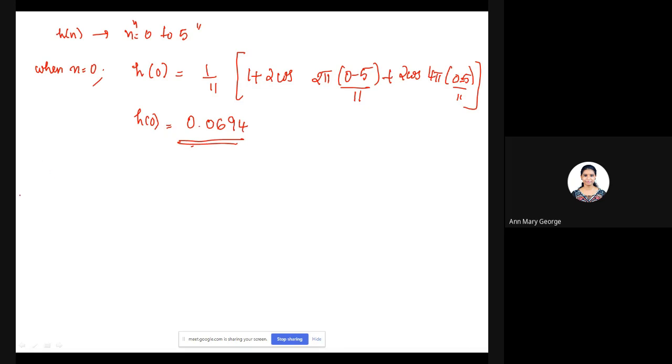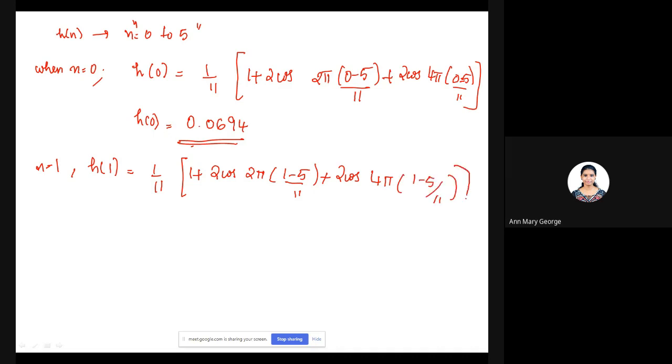Then when n equal to 1, h of 1 will be equal to 1 by 11, 1 plus 2 cos 2 pi 1 minus 5 by 11 plus 2 cos 4 pi into 1 minus 5 by 11. By calculating this expression, we will get h of 1 as minus 0.054.